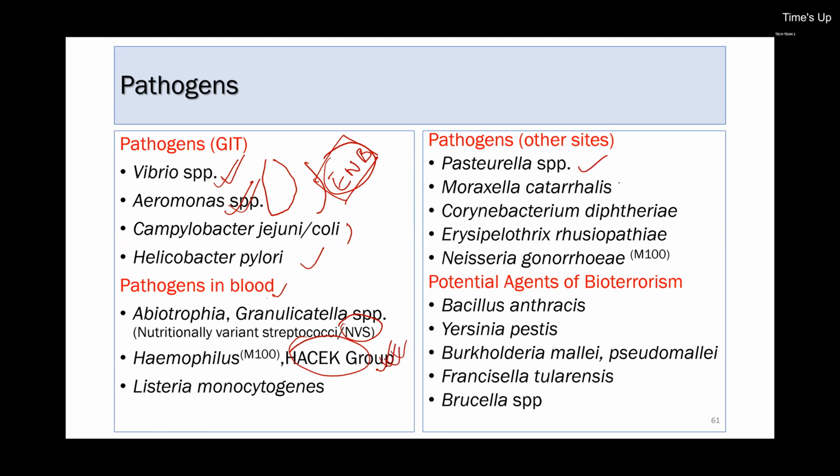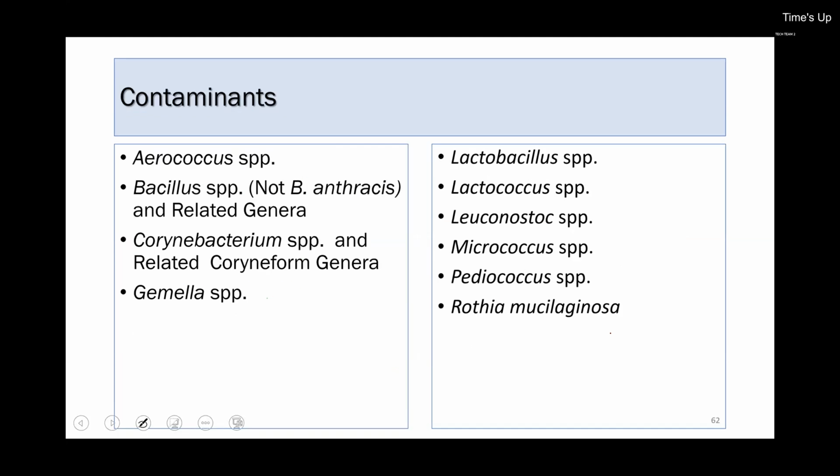Then we have Pasteurella, Moraxella catarrhalis, diphtheria and other diphtheroids, Erysipelothrix. Then potential agents of bioterrorism like Burkholderia mallei and pseudomallei and Brucella. Breakpoints are there. And contaminants. This is very surprising, but yes, contaminant breakpoints are also available. A series of gram-positive bacilli and gram-positive cocci contaminants.